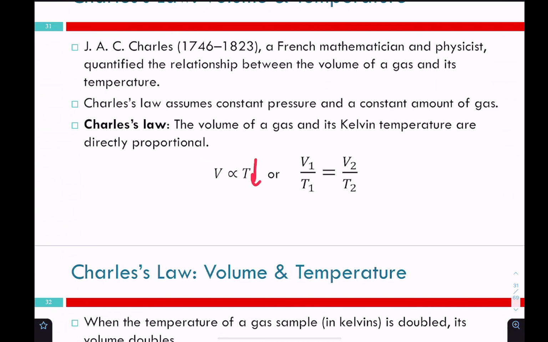If you decrease the temperature, the volume decreases. So these are directly proportional. And I think one of the confusing parts is we write out a direct proportionality as V proportional to T. But the equation is V1 over T1 equals V2 over T2.